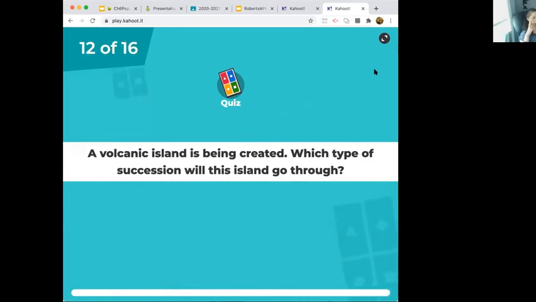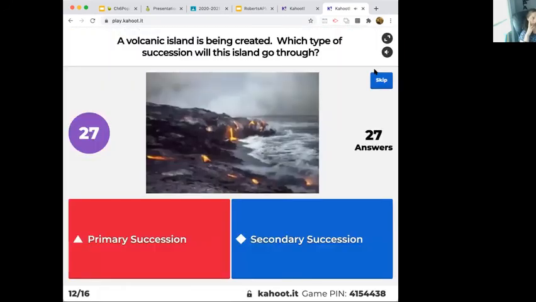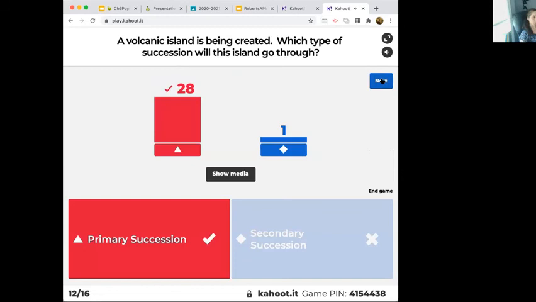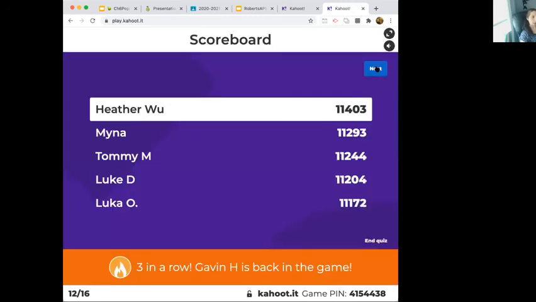Volcanic island is being created. Which type of succession would this be? So we should have 100%. So let me know if this was a misfire or if you are still confused about bare rock and things like lava becoming bare rock.